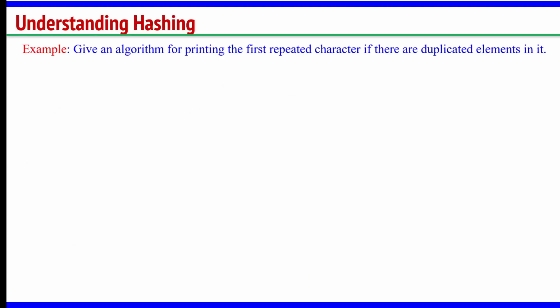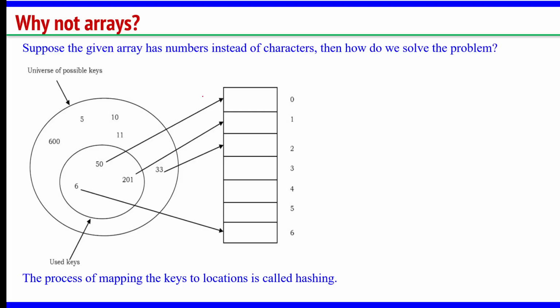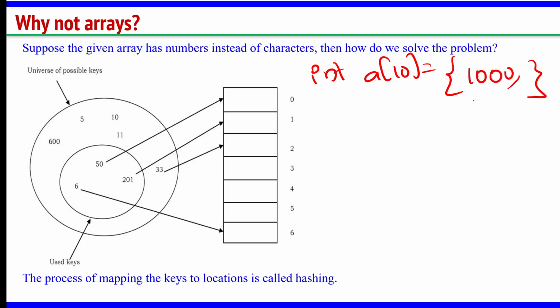So the problem here is, if you are given a string and asked to find the first repeated character using a temporary array, you can do that. But if I give an integer array with elements like this, we cannot have such a temporary array, because the size is very big. 1000 can be one number here, 33 could be another, 972 could be another.